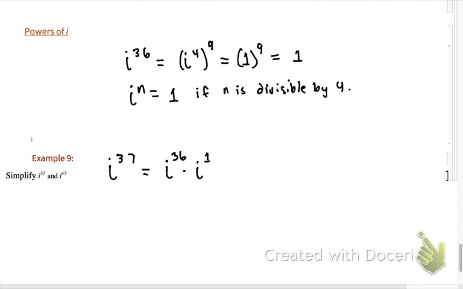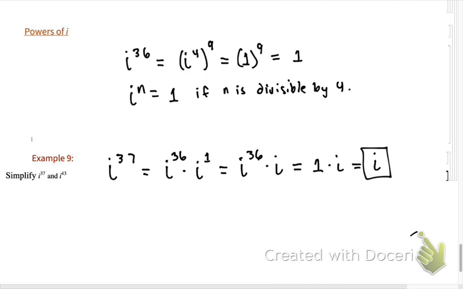But there's really no need to write i to the first. This can just be thought of as i to the 36th times i. As I just showed you above, since 36 is divisible by 4, i to the 36th is just equal to 1. And then we have times i, and 1 times i is i. So i to the 37th is just i.